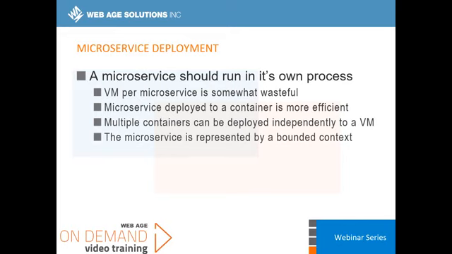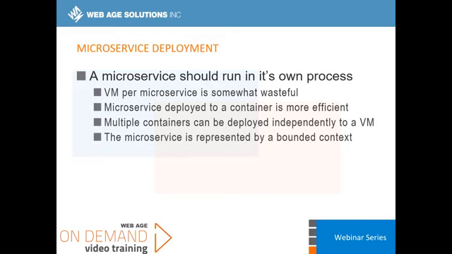And then multiple containers can be deployed to a VM. There are efficiencies here because it doesn't take anywhere near as long to spin up a container as it does an entire virtual machine, and the resources of a virtual machine can support multiple containers. And so I don't have as many virtual machines as I have microservices; I have a smaller number than that.